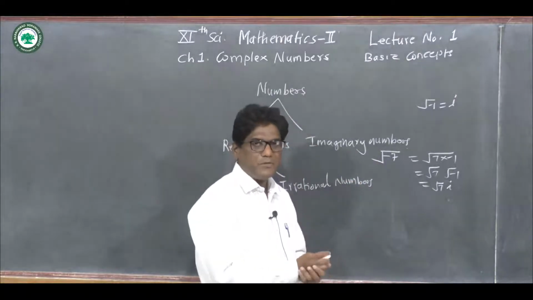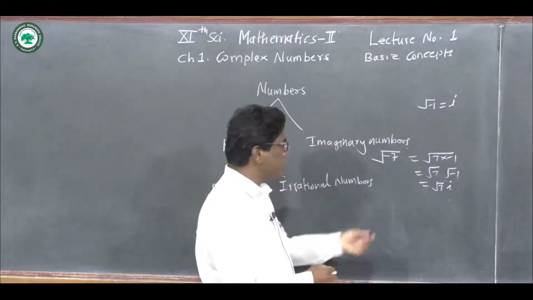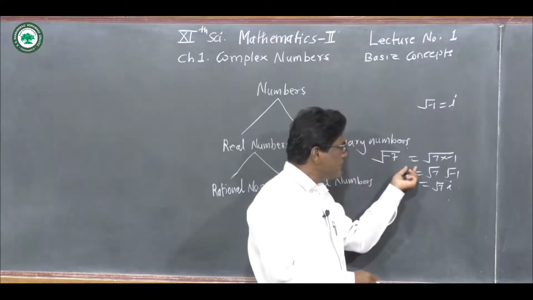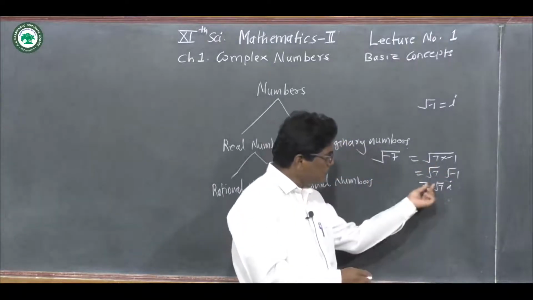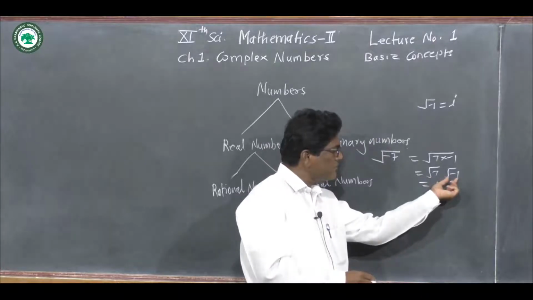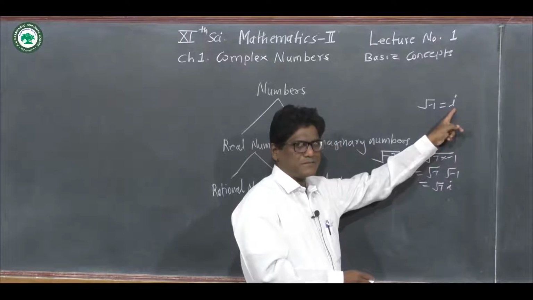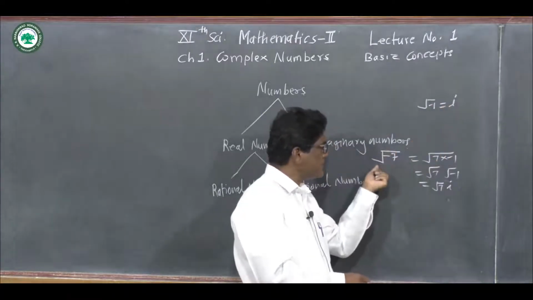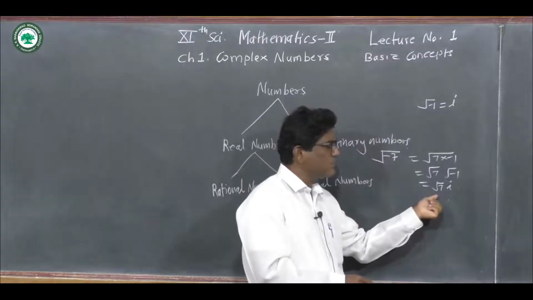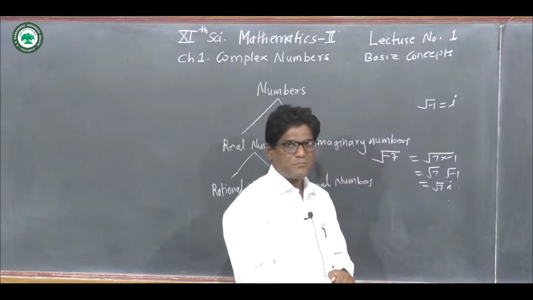Square root of a negative number we can't take, so how to express this? We express root of minus 7 like this: root of 7 into root of minus 1, and root of minus 1 we write as i, and we call this i an imaginary unit. Therefore we express root of minus 7 as root of 7 into i. This is called the imaginary number.